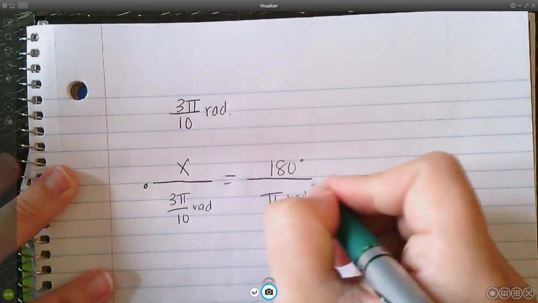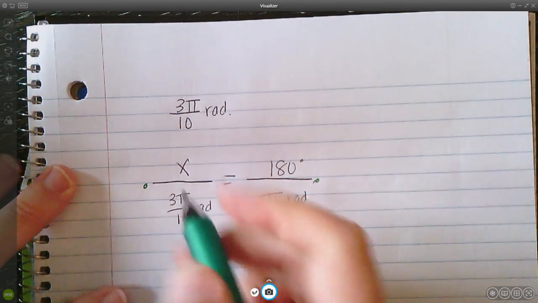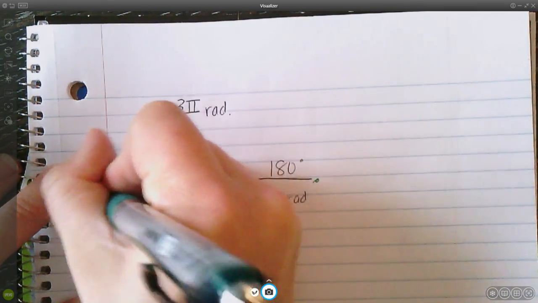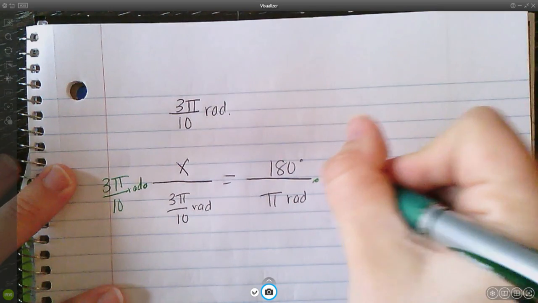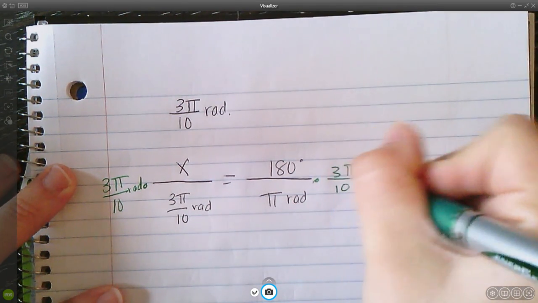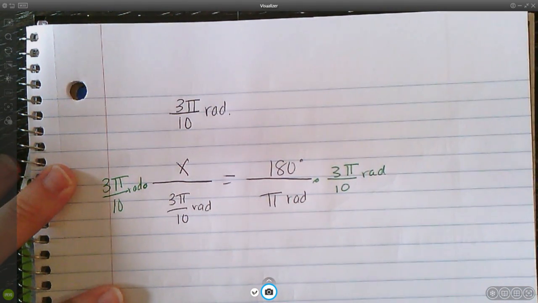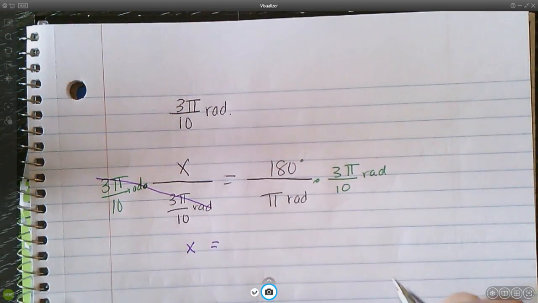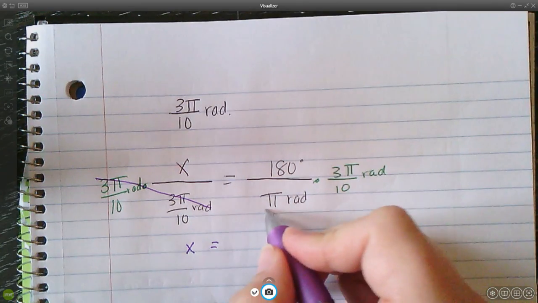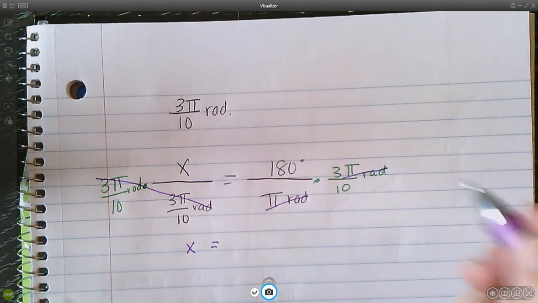Multiply both sides by this denominator, so 3 pi over 10. So these all cross out. You're left with x equals, okay, so over here, cross out the pi's and the radians.